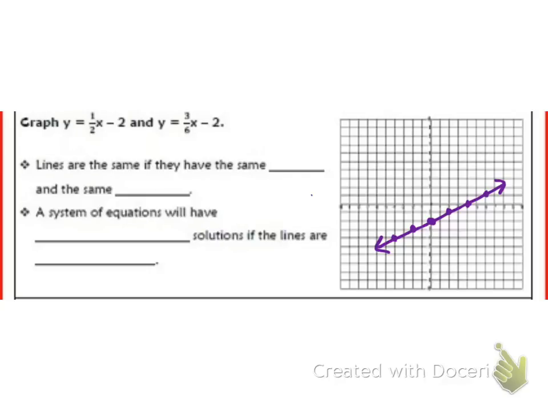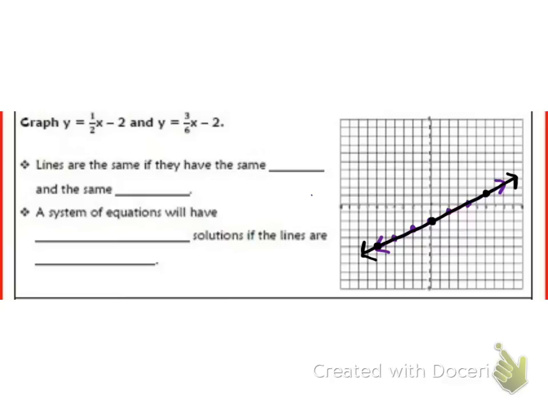And I'm going to move on to the second one, which also has a y-intercept of -2. So that's going to fall right on top of our first y-intercept. And now I'm going to go ahead and draw that line, and you're going to see it's going to completely cover up our first line.